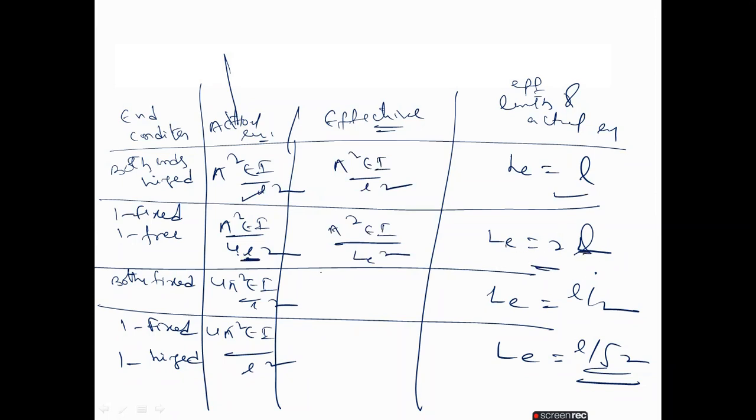So substitute the small L value with respect to LE, and we get π²EI by LE² here, and again π²EI by LE² here.